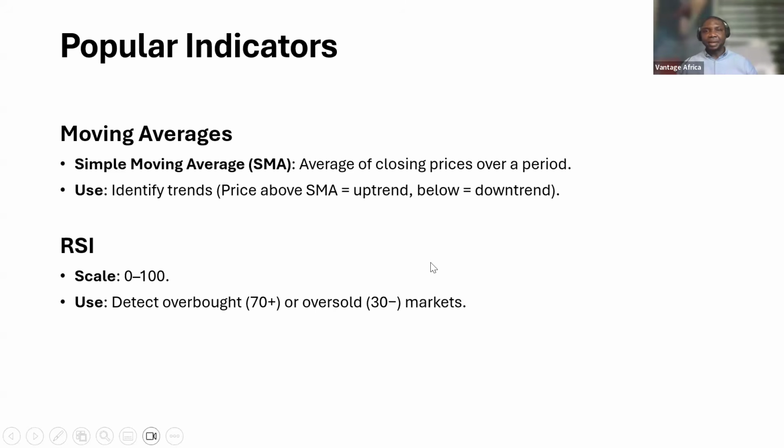Then we have RSI. RSI usually has a scale, right? A scale to it, 0 to 100. There's what we call overbought and oversold. So the idea behind overbought and oversold is this. When price buys for a period of time and keeps buying, at a point, it loses buying momentum.